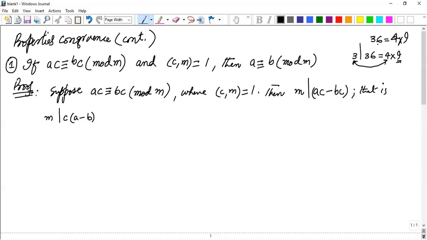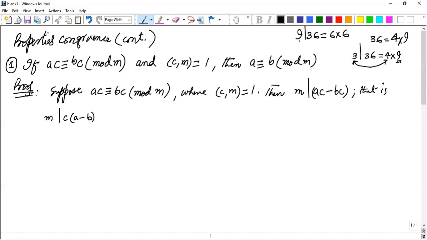For example, if we consider a different number, 9, and we say 9 divides 36, and we can write 36 as the product of 6 times 6.